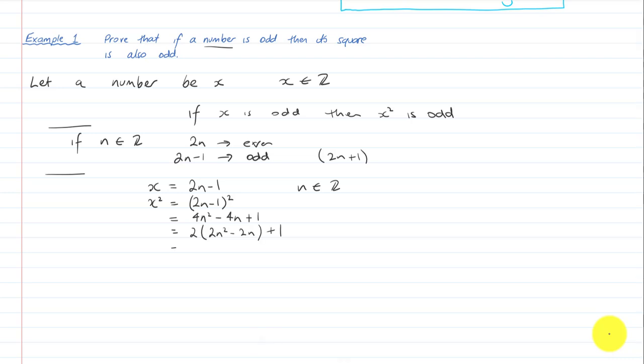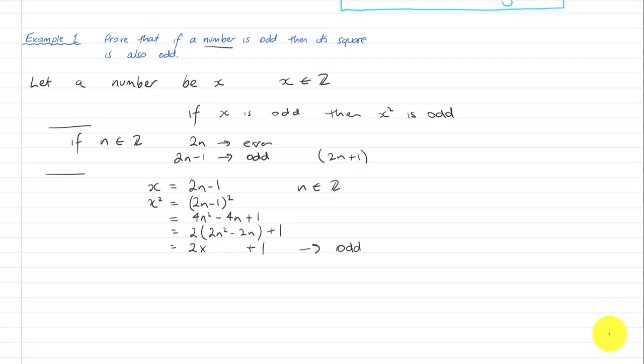And this is equal to 2 times something plus 1, which we know is an odd number, because 2 times something will definitely be even, plus 1 makes it definitely odd. So hence, by direct proof, we have proven that if x is odd, then x squared is odd.